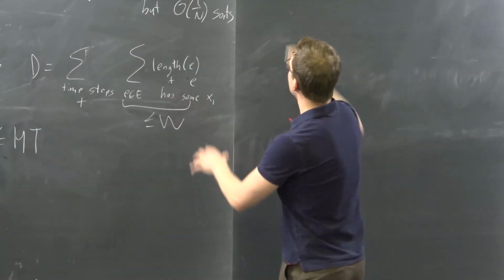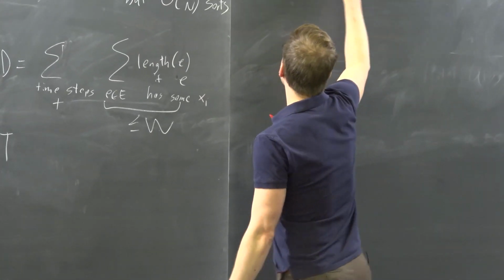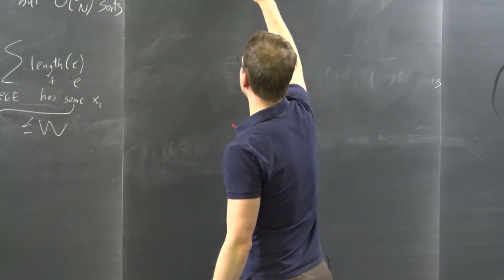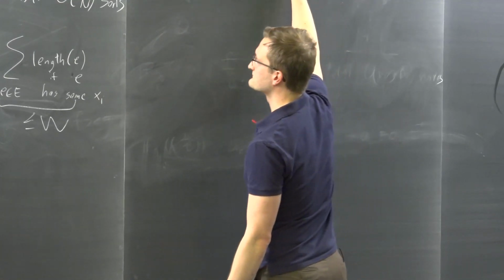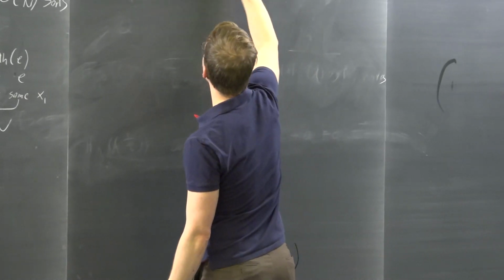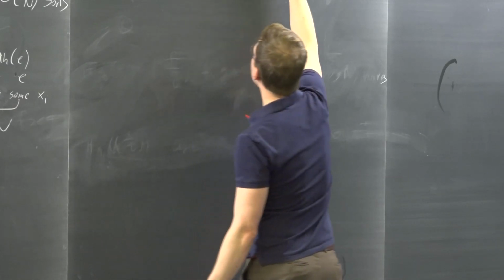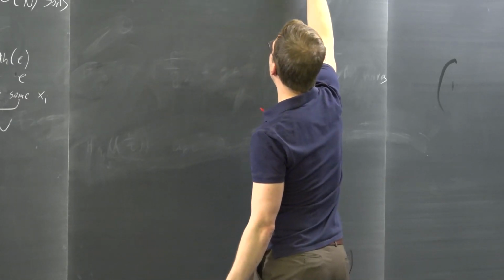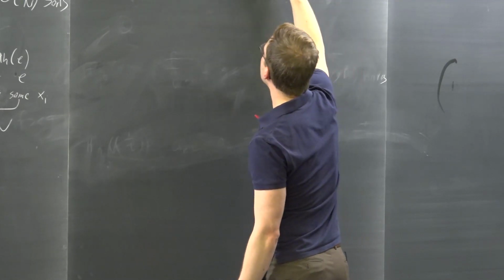So how I can show that is, I can rewrite this sum as in fact saying the sum of the lengths of all e with xi.